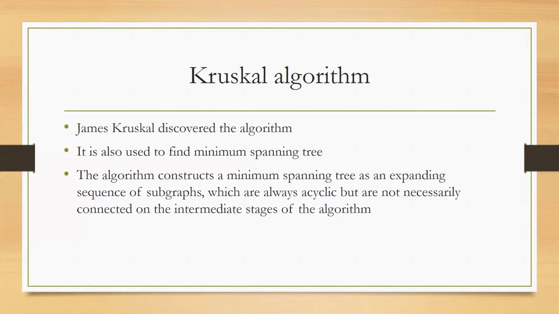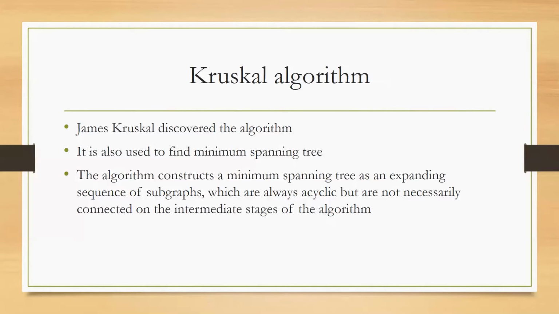The subgraphs are acyclic, but not necessarily connected on the intermediate stages of the algorithm. So in the intermediate stages, until you reach the final optimal solution, there may be n number of subgraphs expanding, and finally all these subgraphs get connected to one another and form a spanning tree. That is how the Kruskal algorithm works.